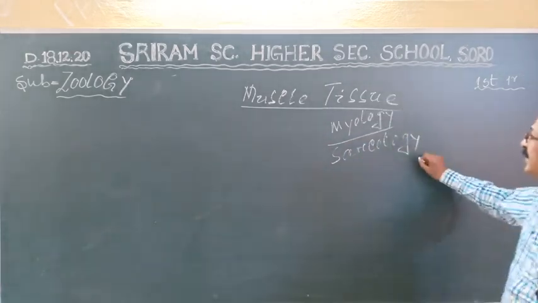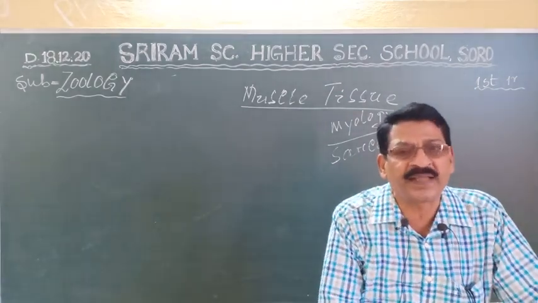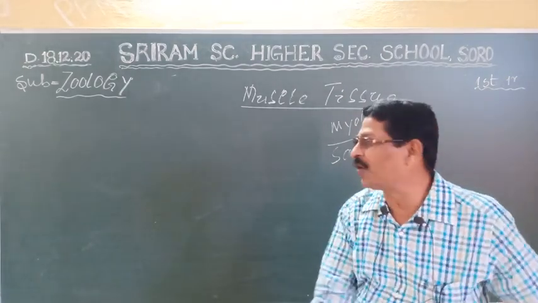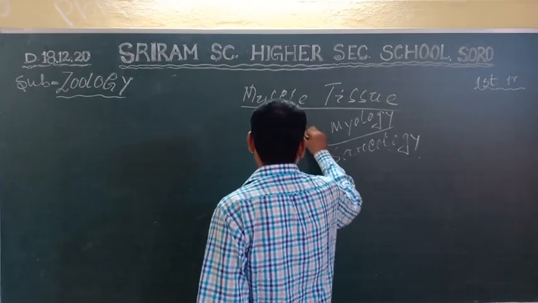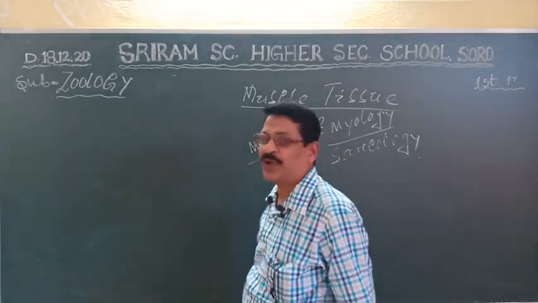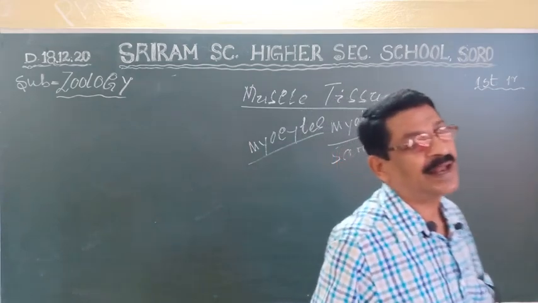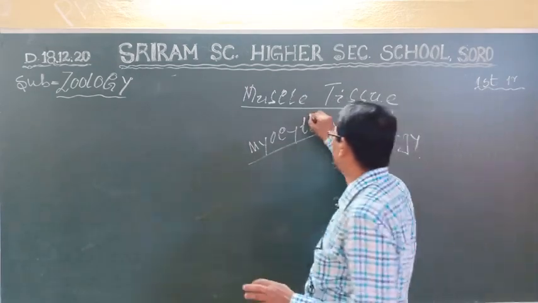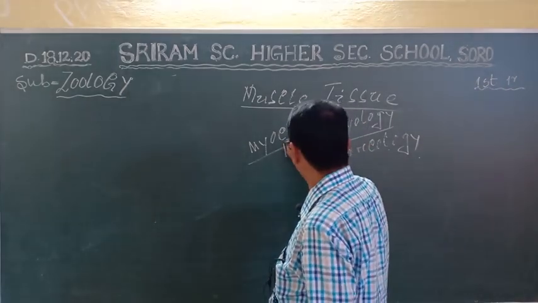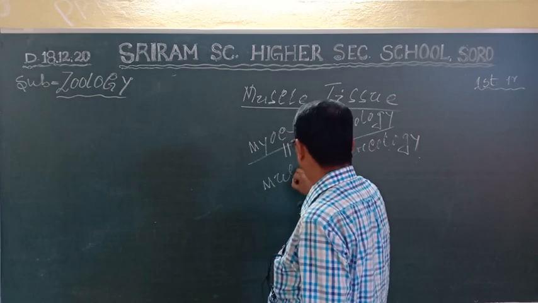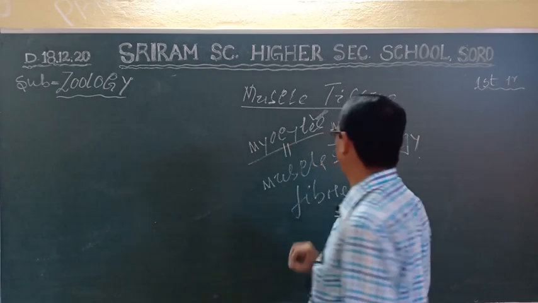Clear? Then the muscle cells are otherwise called myocytes. Muscle tissue is made up of muscle cells, or you can say myocytes, and these are otherwise called muscle fibers.